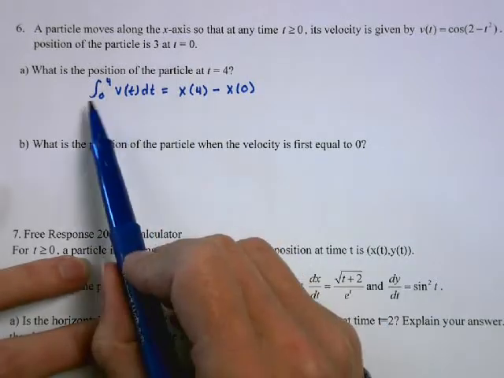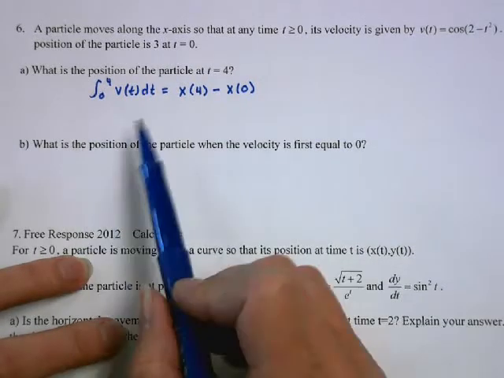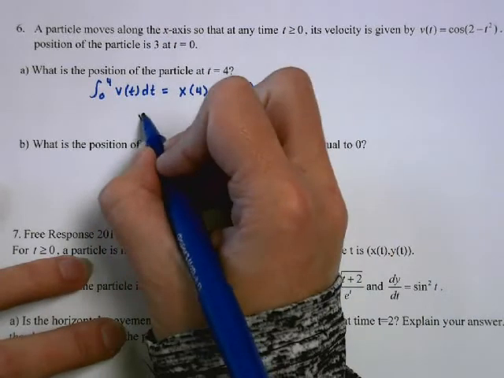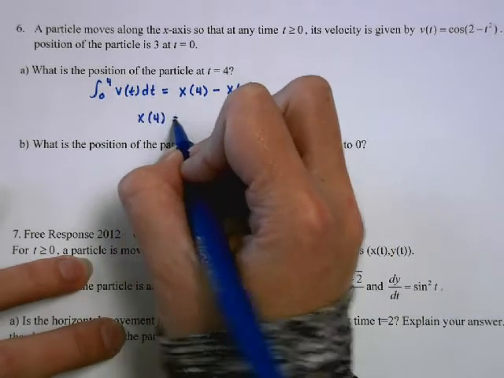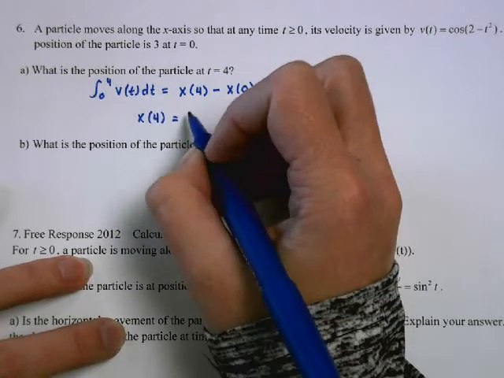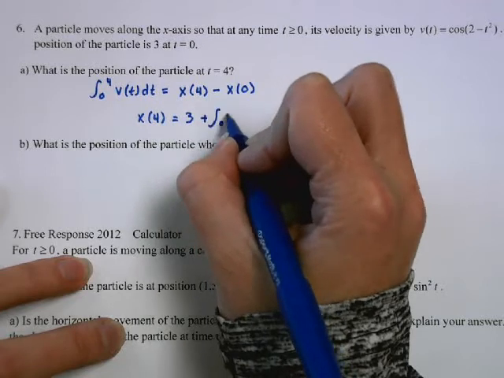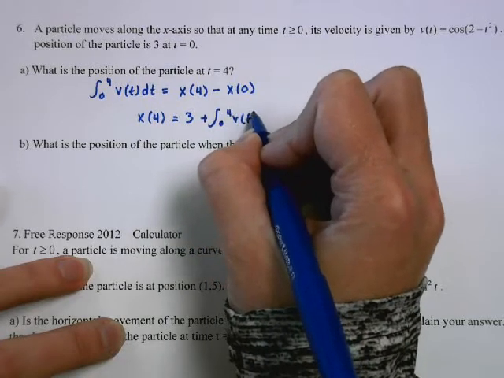We know two of these. This I can evaluate using the calculator, and we know this. So x of 4 is going to equal the initial position, 3, plus the integral from 0 to 4 of v of t.